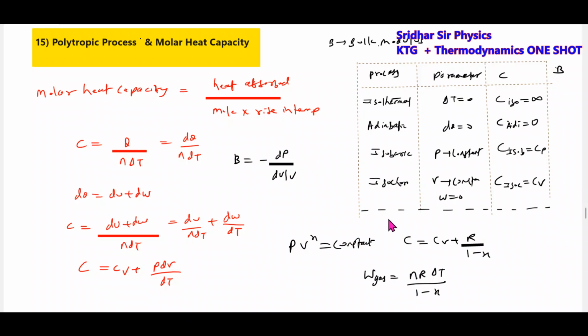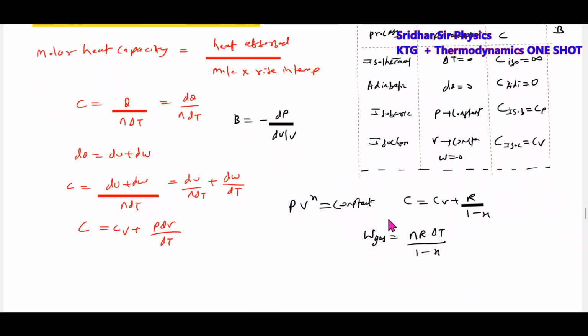For isothermal process, PV equal to constant, so dP by dV equals minus P by V. So for isothermal process, the bulk modulus is equal to the pressure of the gas.